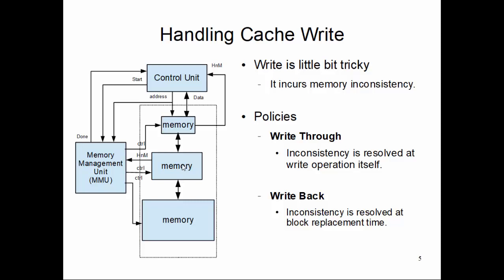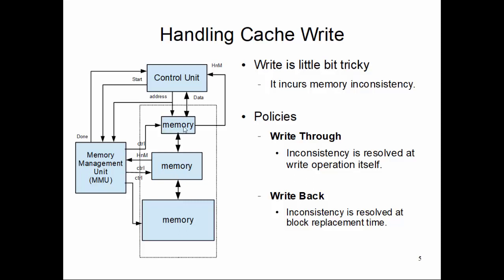Of course, that statement is kind of wrong. If a block is present in L1, of course it will be present in L2, as we know. So I'm taking back that statement. If the block is present in L1, it will always be present in L2 and the memory, right?